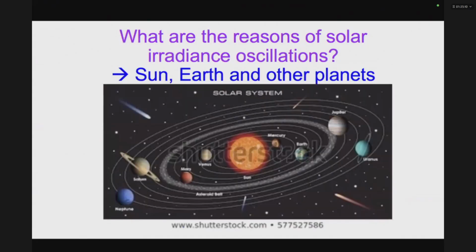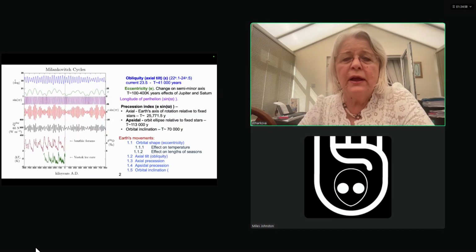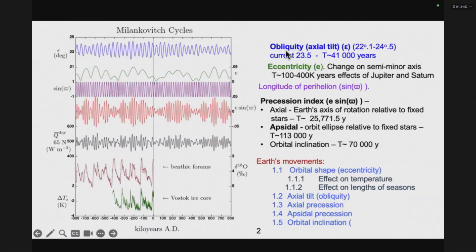So we looked at this, our solar system. The sun is in the center, the planets are around, and they rotate on elliptic orbits following Kepler's law. And we looked at the known cycles, the so-called Milankovitch cycles: obliquity with axial tilt, which has a period of about 41,000 years, so 2,000 years is not suitable.